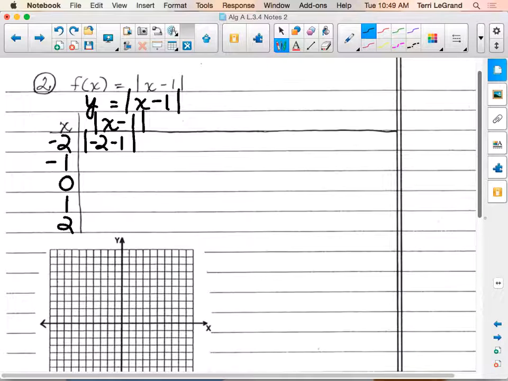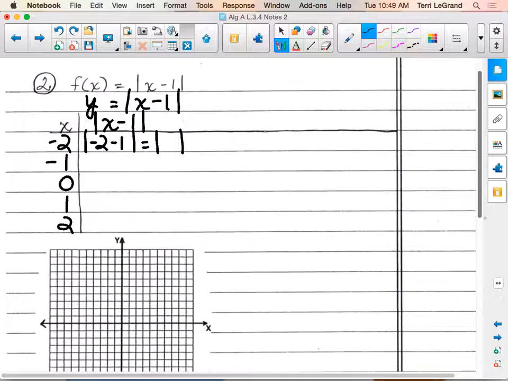So I have -2 in place of x, subtract 1, absolute value bars around them. Now, absolute value bars are kind of like parentheses. Do what's inside of them, and then we'll get rid of them later. So they're staying there.